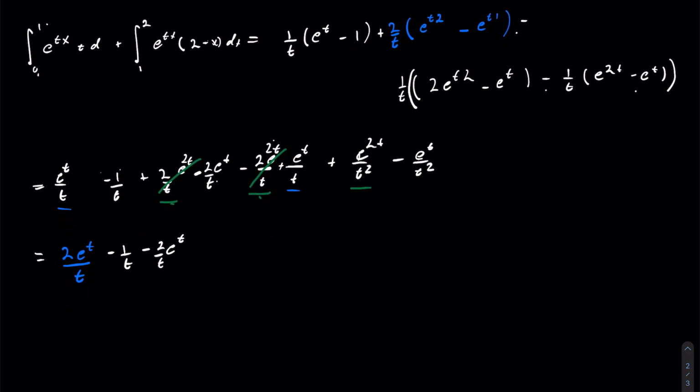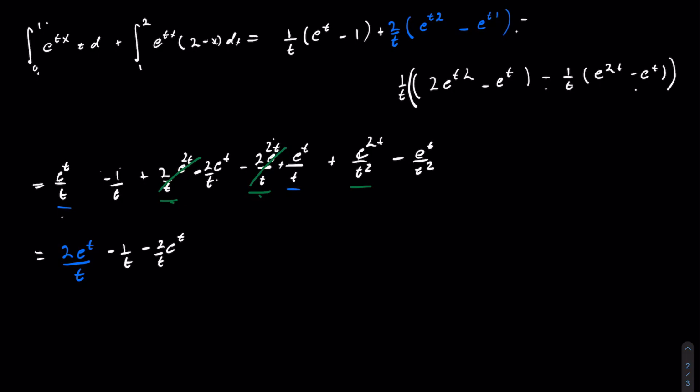And yeah, we just collected this blue thing, so we're done with this blue thing here. And we have this here, and then we have plus t squared e to the 2t minus e to the t squared. Okay.